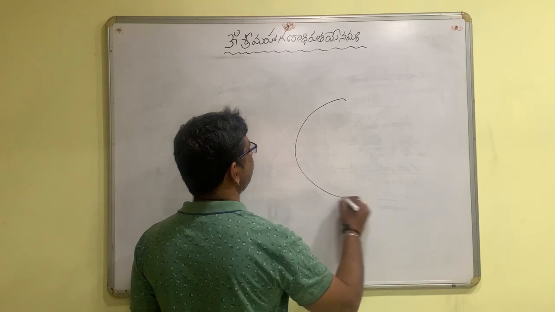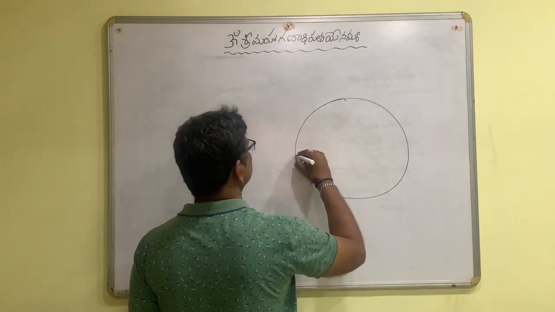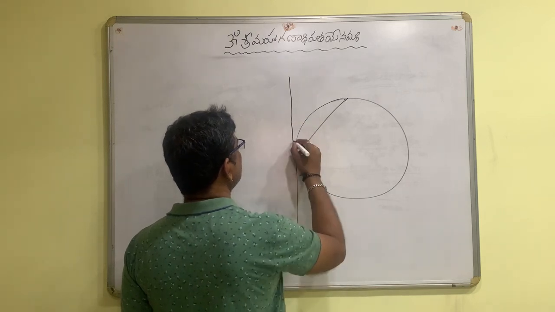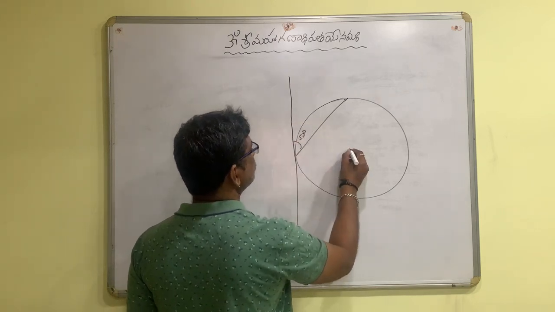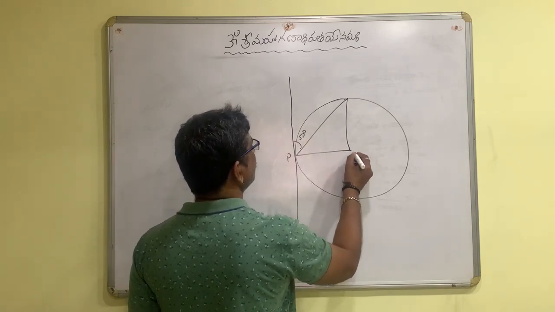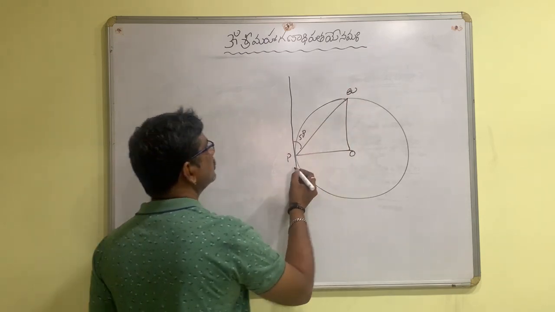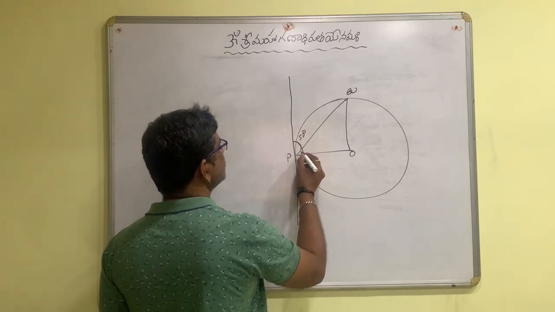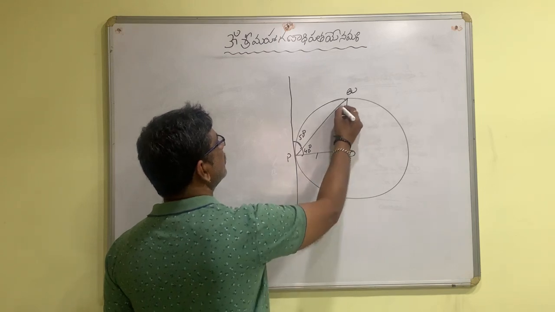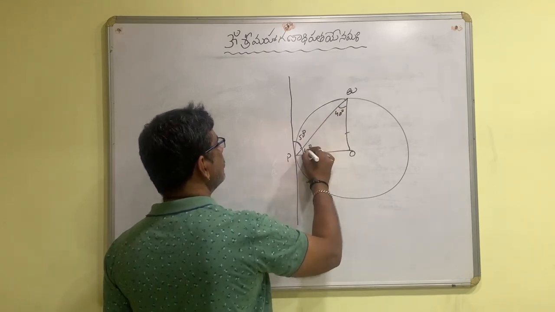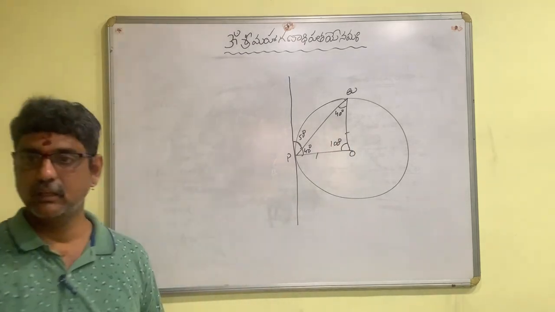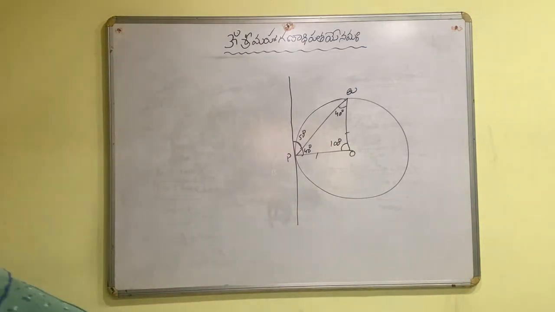Because this is given 50 degrees, and we know that this total is 90, then this will be 40, and these two sides are equal, so this is also 40. 40 plus 40 is 80, then this will be 100 degrees. Angle POQ is 100 degrees.